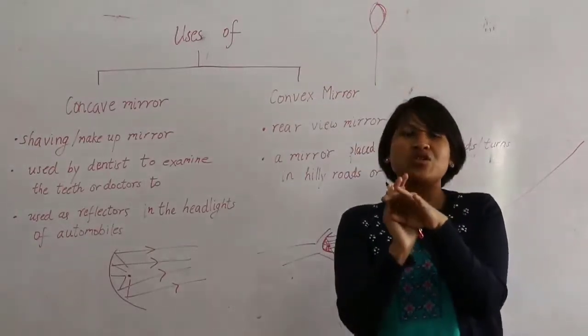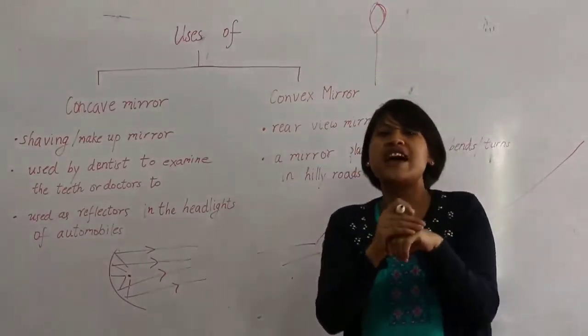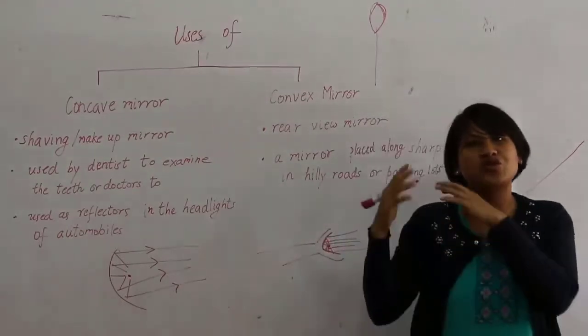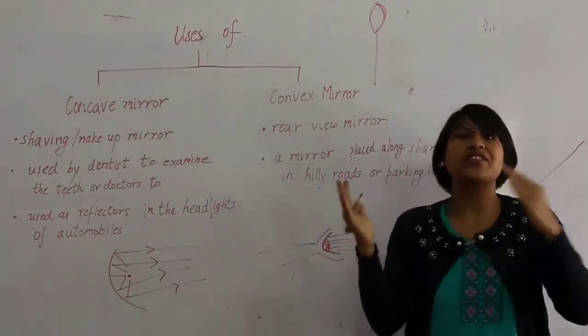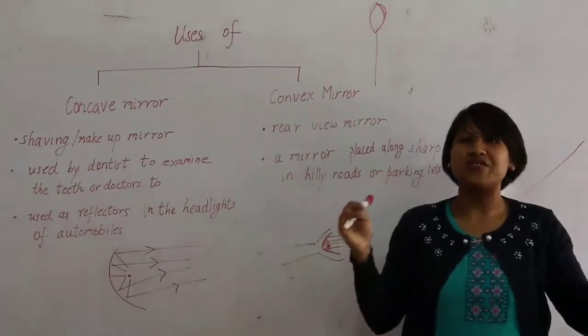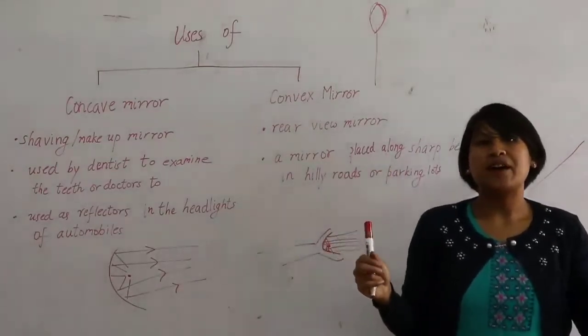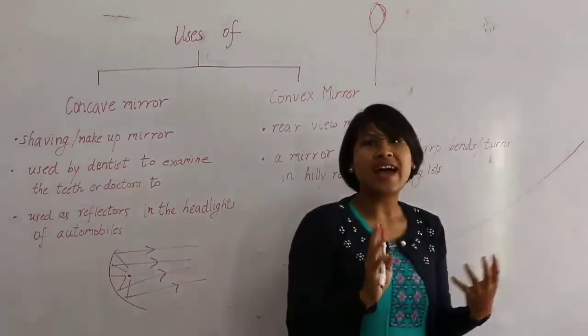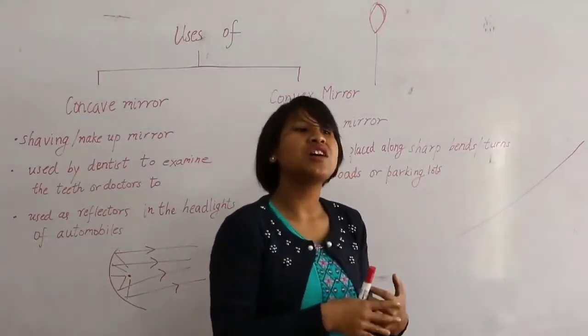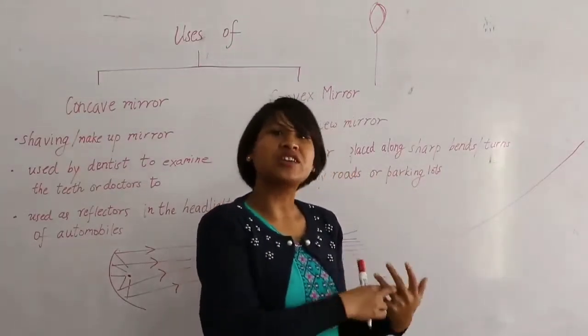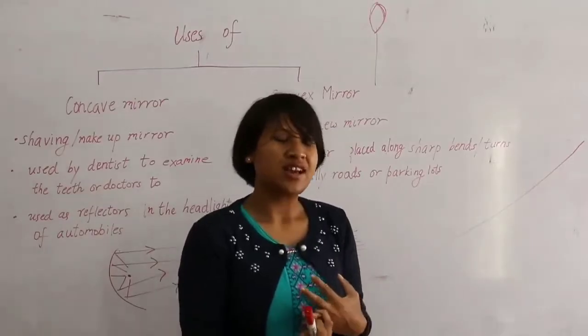That is also a convex mirror. Why have they used that? So that the driver can see whether there is any traffic coming, to avoid accidents. So those are some uses of concave and convex mirrors.